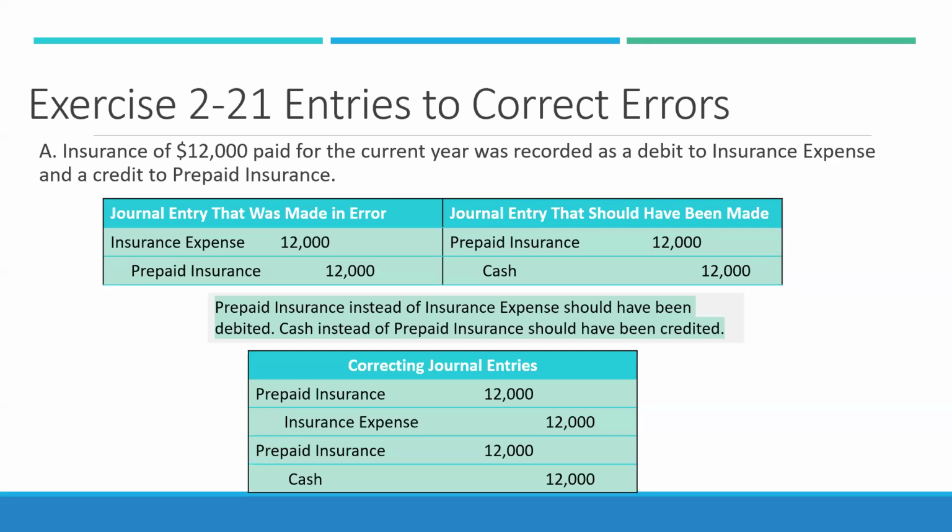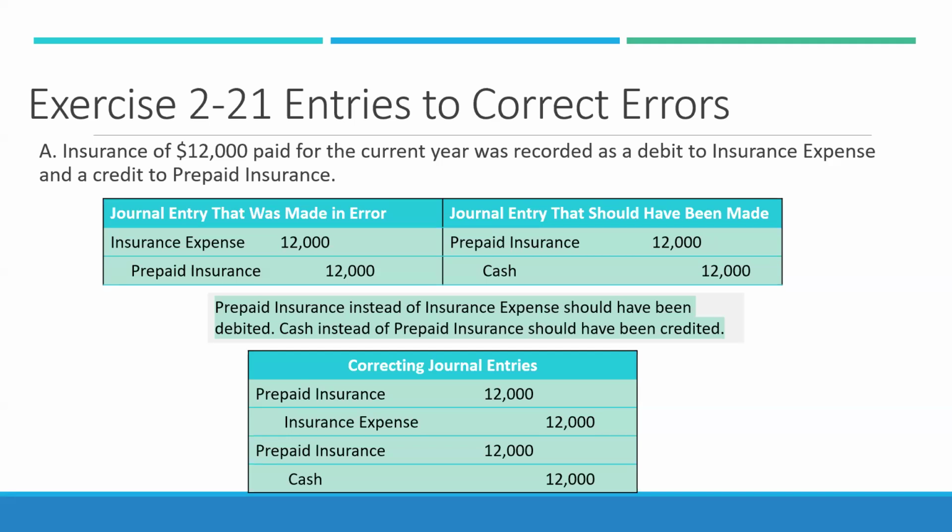So we have to increase our prepaid insurance to where it should be at 12,000, decrease the insurance expense because we shouldn't have insurance expense from this entry. So the net effect is now 0 from both of these entries being made because we increased it, then we decreased it. And then prepaid insurance has to go up to be in line with what it actually should be, and then cash has to go down.